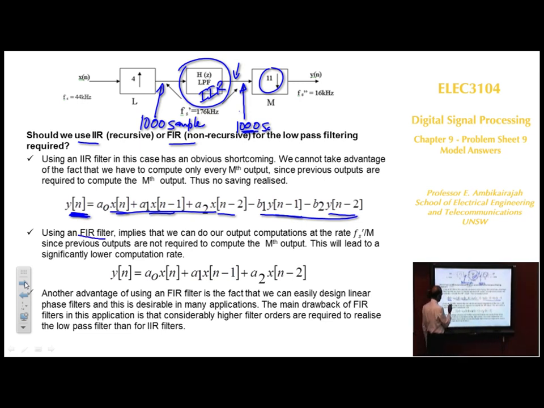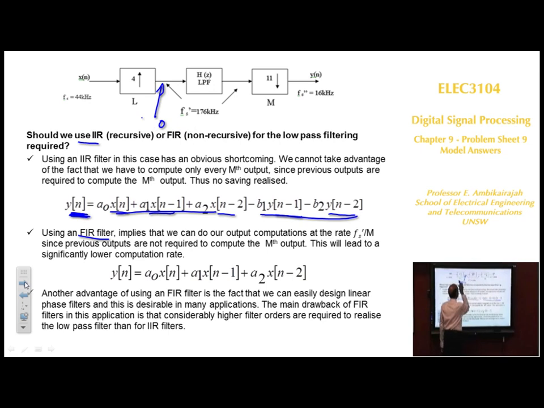But if you use an FIR filter instead of an IIR filter, your current output depends only on the current input and past inputs.